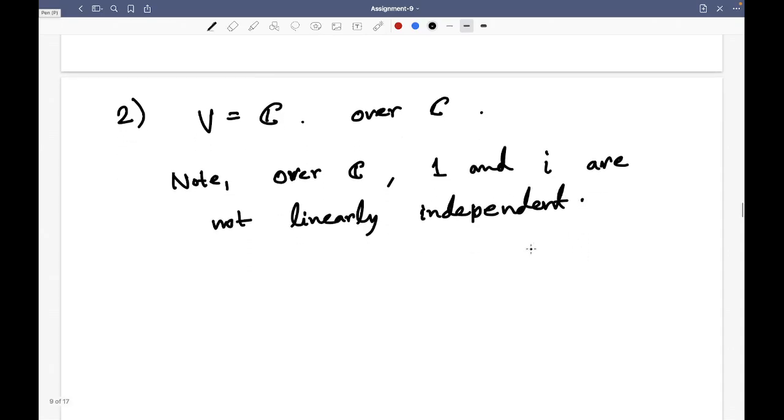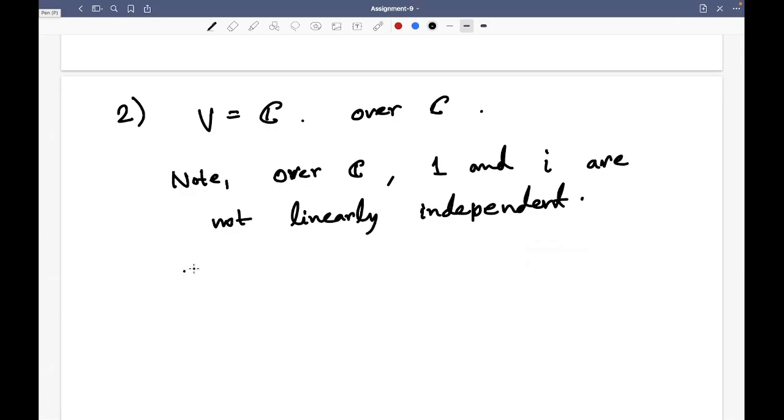Why? Because here the field is C, as we can write i equals i times 1, right? Where i is a complex number. So i and 1 are linearly dependent.